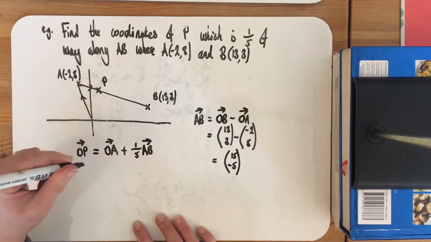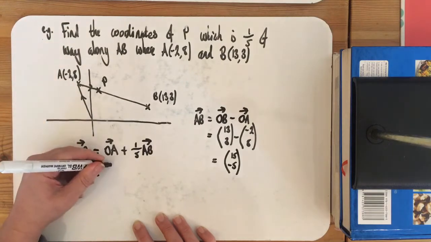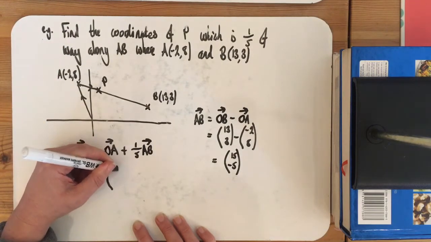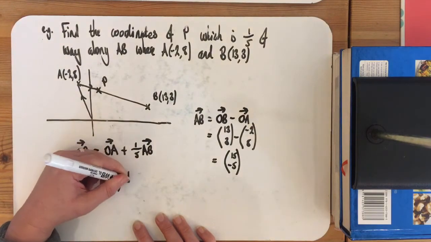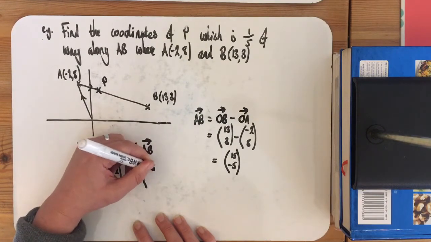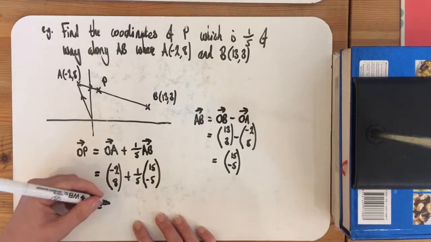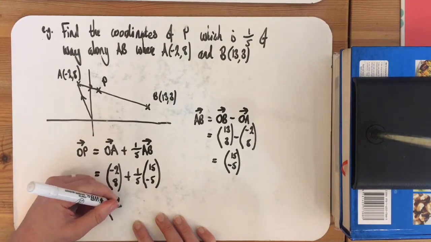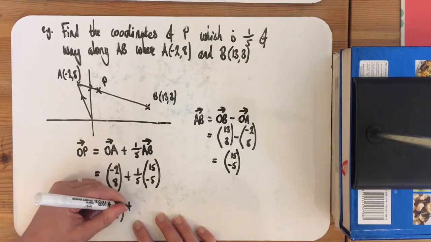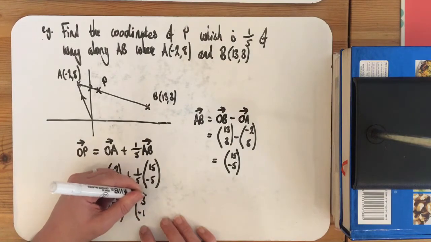So to find the position vector of P, we go from the origin to A plus 1/5 of the way along AB. So we're travelling along vectors and treating this as a vectors question. So that's (-2, 8) plus 1/5 of 15 is 3, 1/5 of -5 is -1.